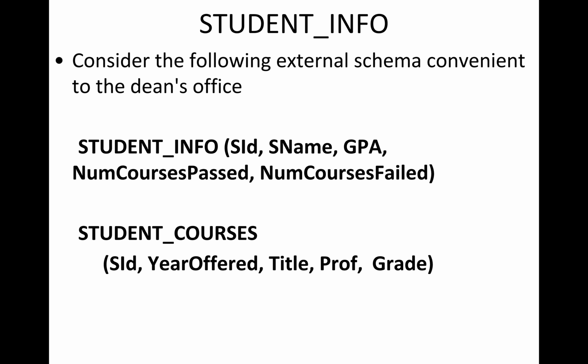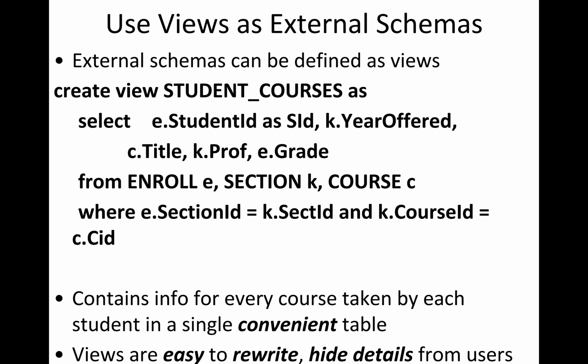So we would never actually create these tables, right? Instead, we say, well, we've gone through the process of normalizing, and we can certainly denormalize it for you in a view. We can create a view called student courses that joins three different tables.